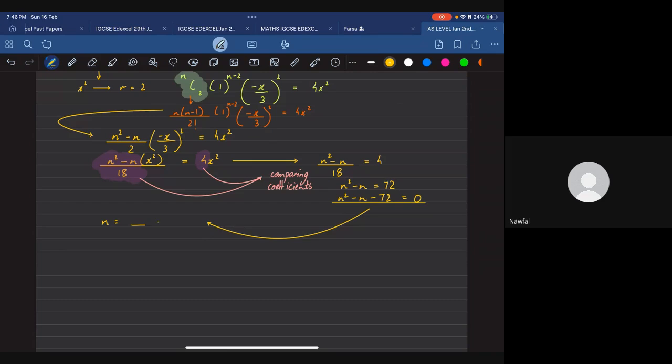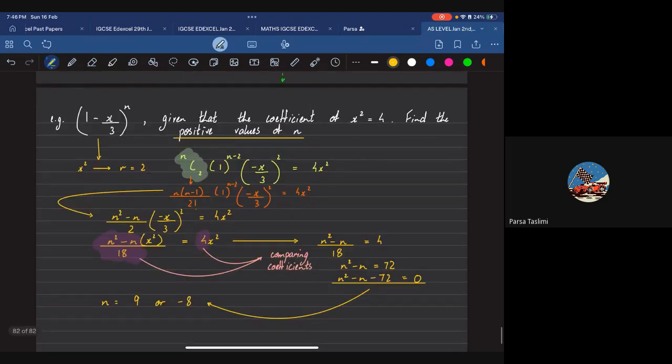So n is going to have some values. I got 9 and minus 8. You've got n equal to 9 or minus 8. Now, what does the question say? Positive.